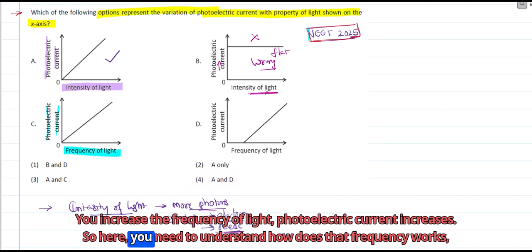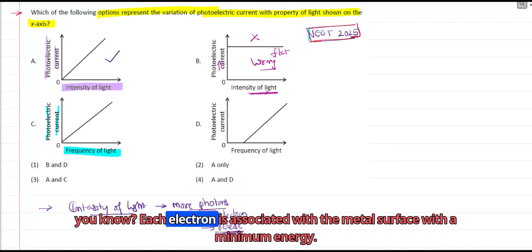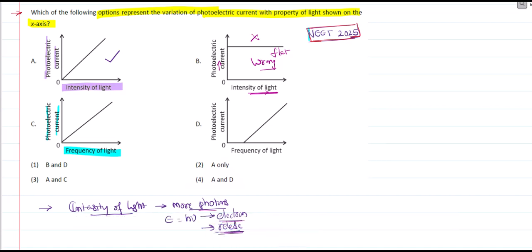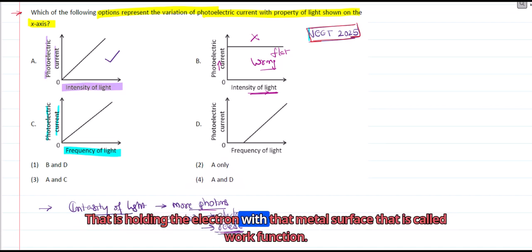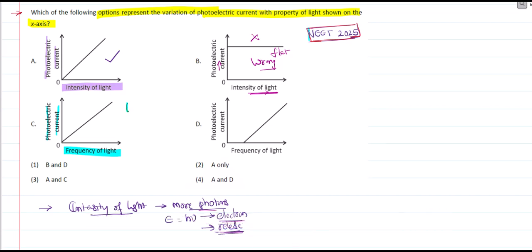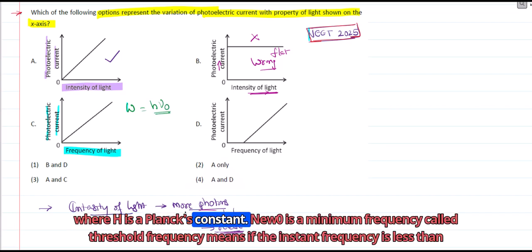So here you need to understand how that frequency works. Each electron is associated with the metal surface with a minimum energy that is holding that electron with that metal surface. That is called work function. Work function is h nu naught, where h is Planck's constant.